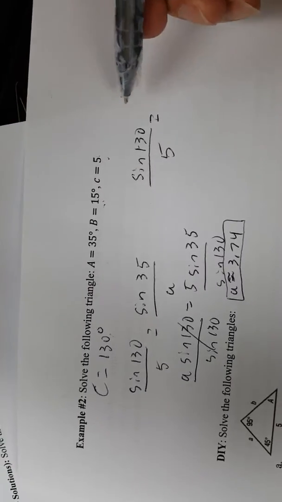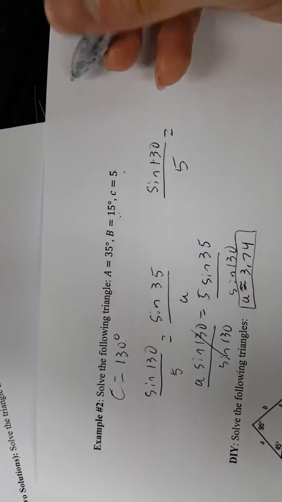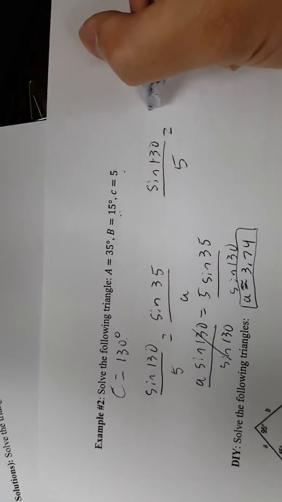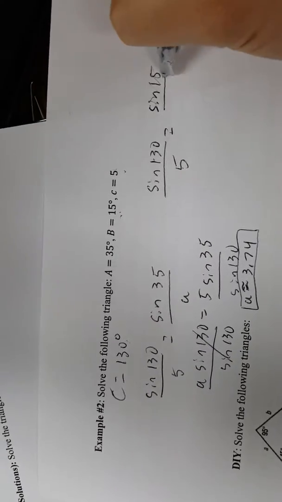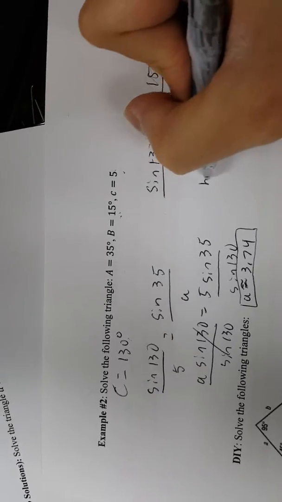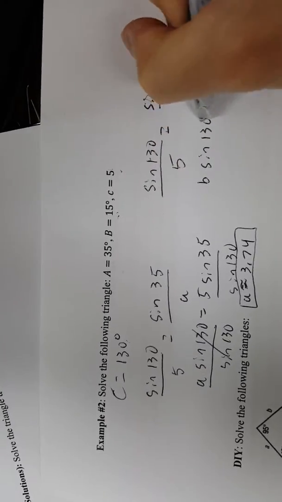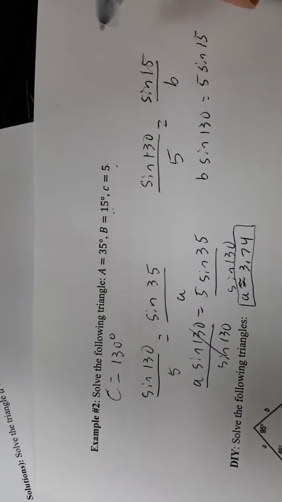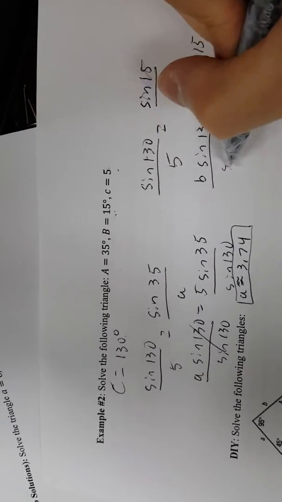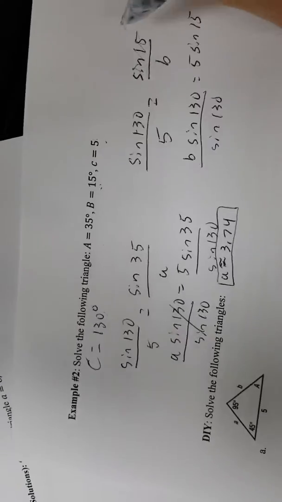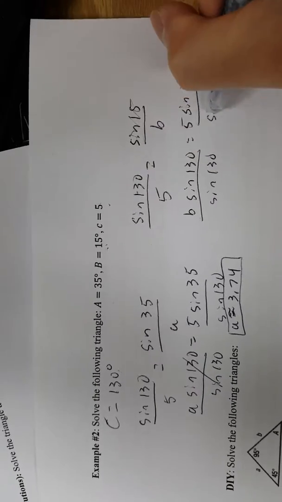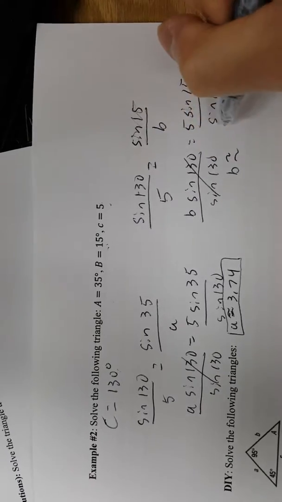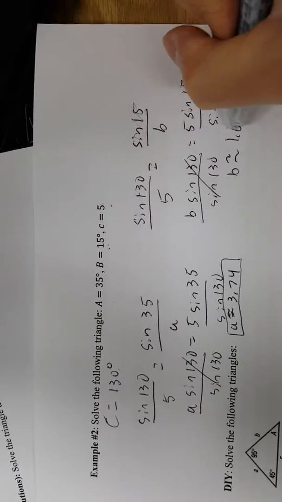And this is going to be equal to, we are looking for letter B, so this is going to be sine of 15 over B. We just go ahead and cross multiply. Divide both sides by sine of 130. And so B is approximately 1.69.